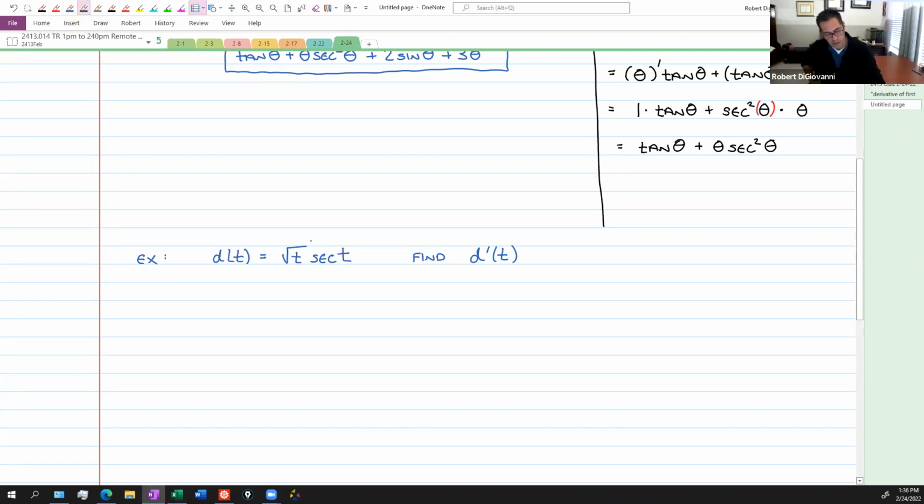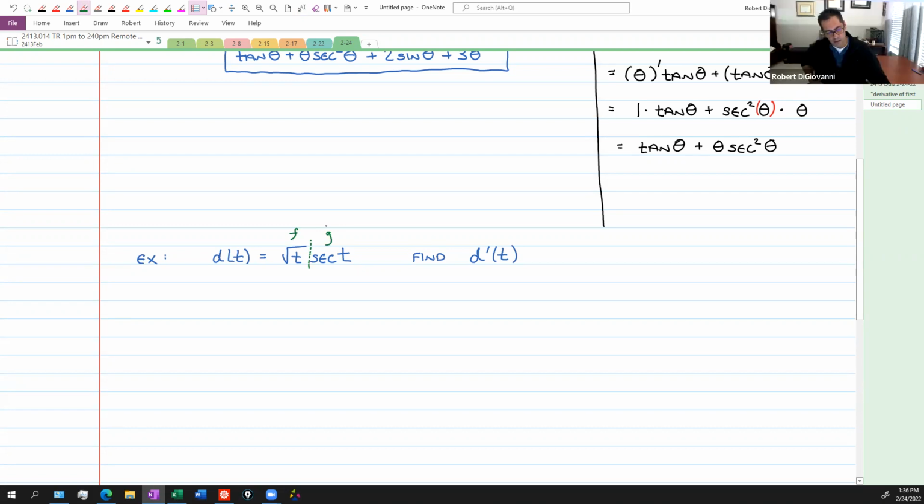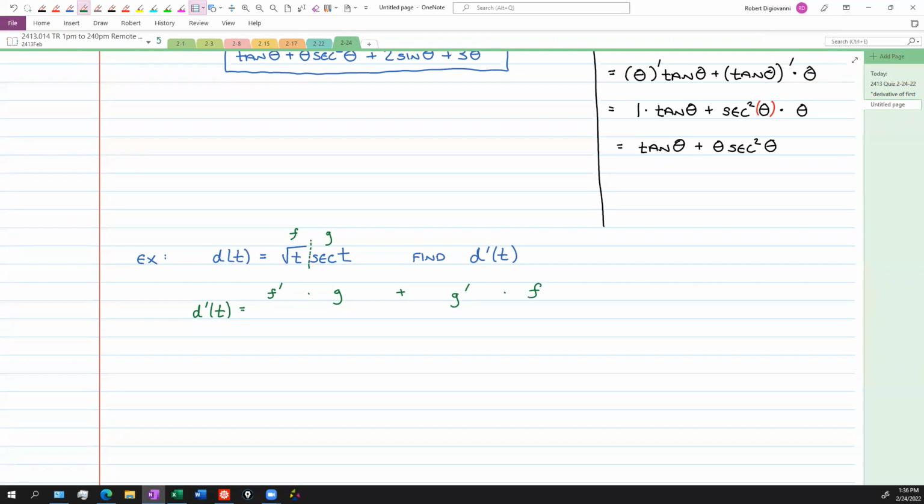Okay. So you see the product, yes? Yes. Okay, so you got F and then you got G. So let's follow the product rule. The first thing you have to do is give me the derivative of F, then multiply that times G, then add to that the derivative of G, then multiply that times F. So what would be the derivative of F? What's the derivative of the square root of T?